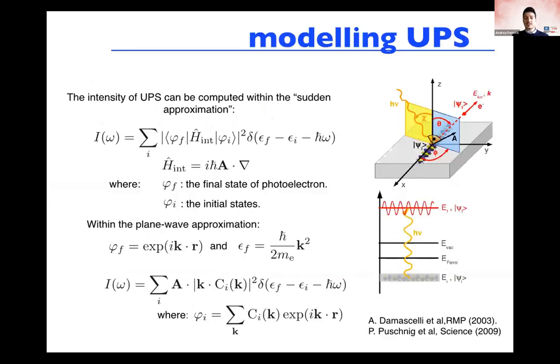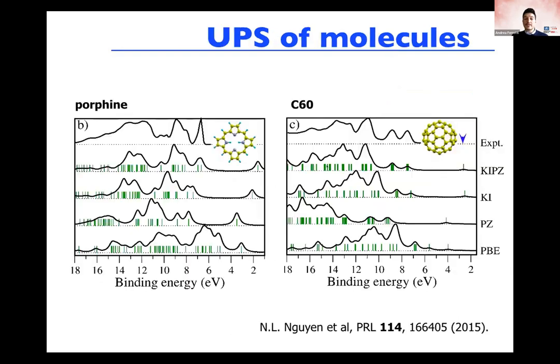Okay, so this suggests that we can go even a bit farther. That is, we can even include some description of the photoemission process. So we can include some matrix element related to photoemission, and we use the simplest approximation. So we use a plane wave approximation for the final state that amounts to computing this matrix element here. That is just a Fourier transform of the wave function. So we evaluate the matrix element of the dipole, the momentum, and here is an example of how the spectra look.